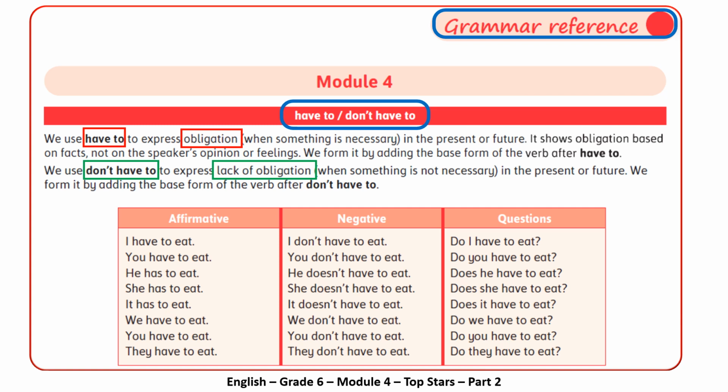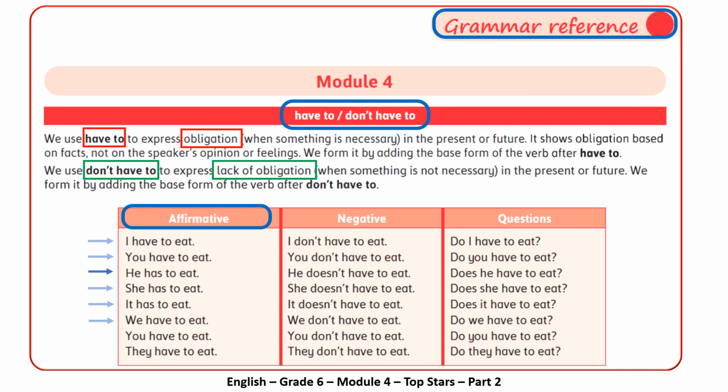So let's read the examples together and start with the affirmative form of the sentence. The first one is I have to eat. Next, you have to eat. After that, he has to eat. She has to eat. It has to eat.